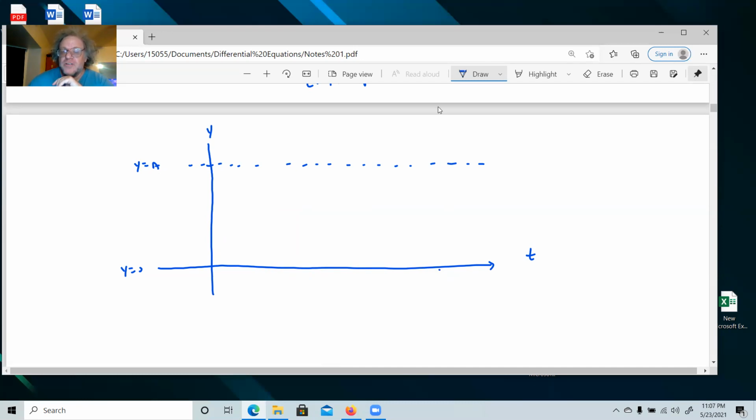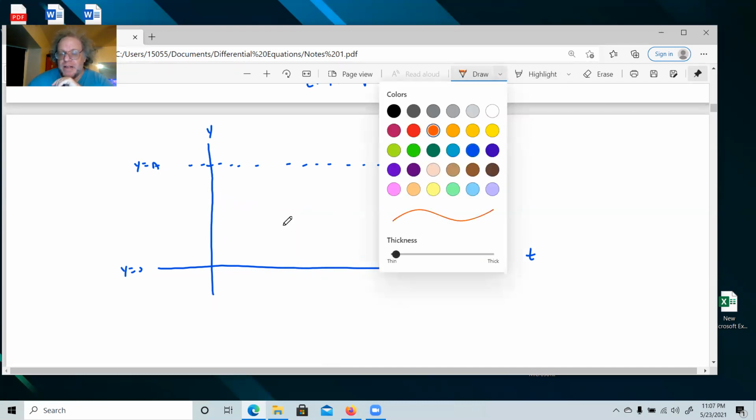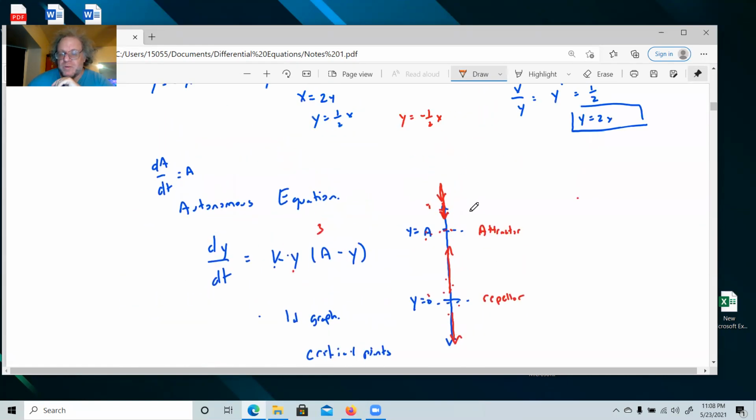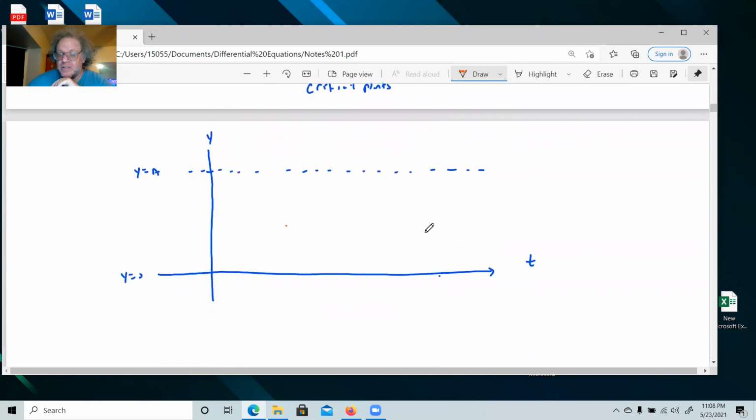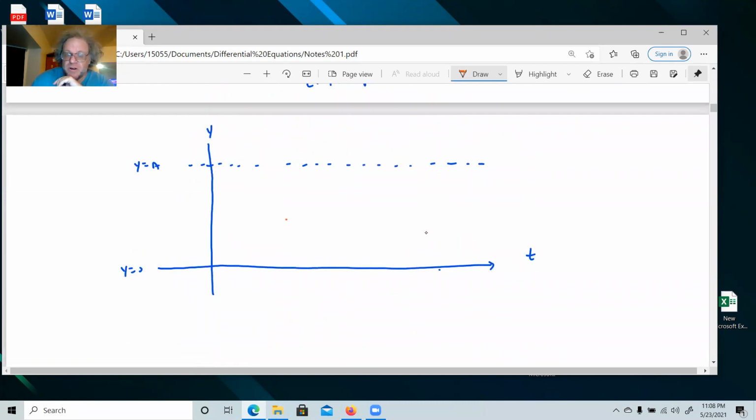Do you remember what was happening? What happens when y was greater than a? Well, it was attracted to this line here. So if we start with t something like that, we're going to be kind of moving into this attractor. And then what happens in here?